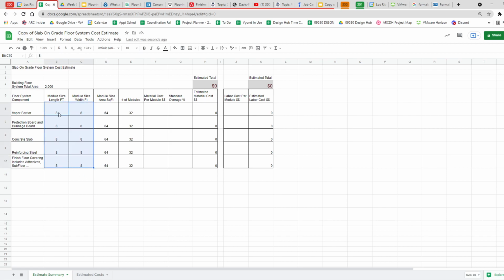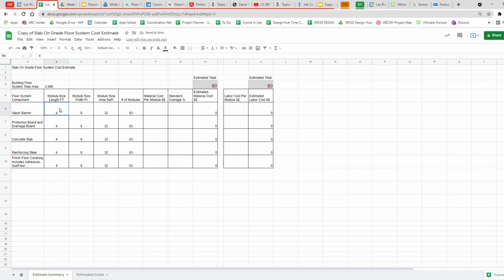Now, some places go 4 foot by 4 foot, and a larger building might go 20 foot by 20 foot. So you have the opportunity of changing this. Might even do 4 foot by 8 foot as you go.